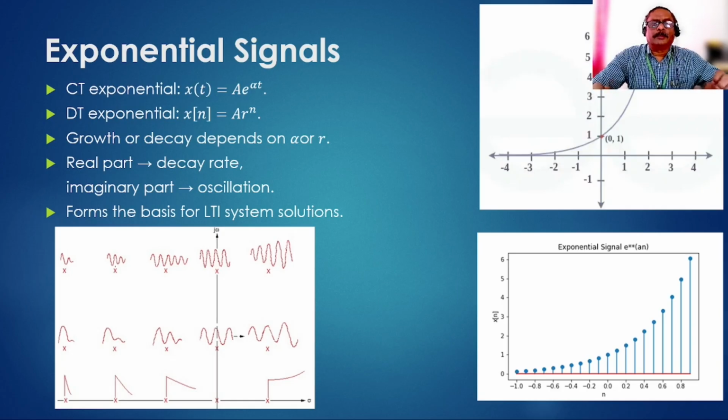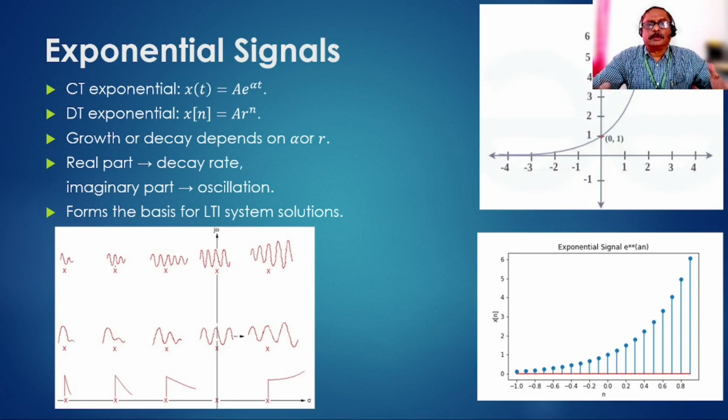We can split any complex signal into these basic exponential signals, and if we understand how a system behaves with an exponential signal, then we can do some experiments and try to understand the actual behavior of a system.